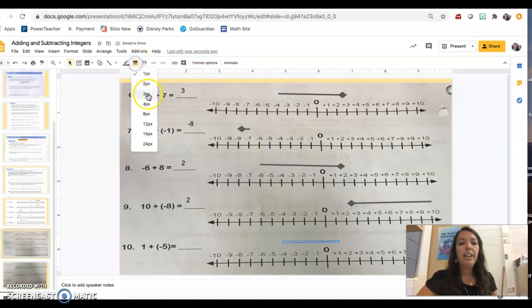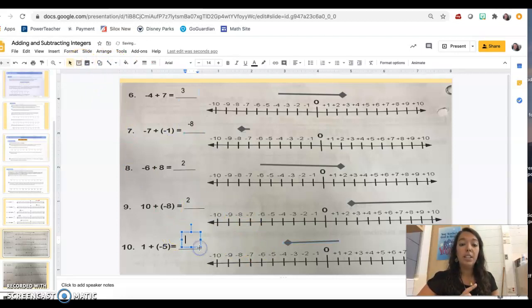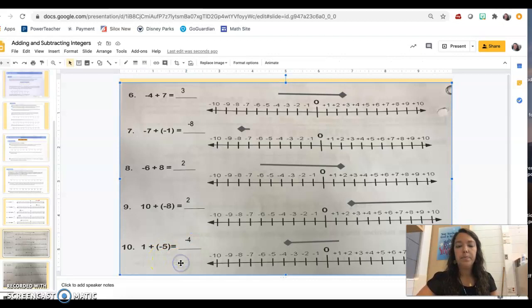So what happened with that is we did cross over 0, and we ended up with negative 5. Since they were different signs, you did subtract the numbers, and you kept the sign of the greater absolute value.